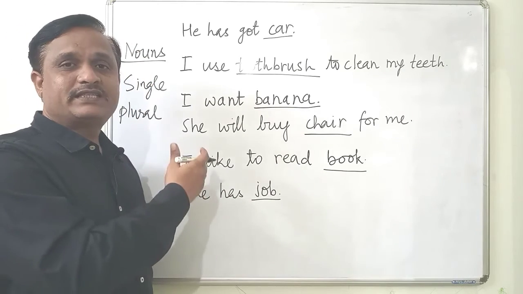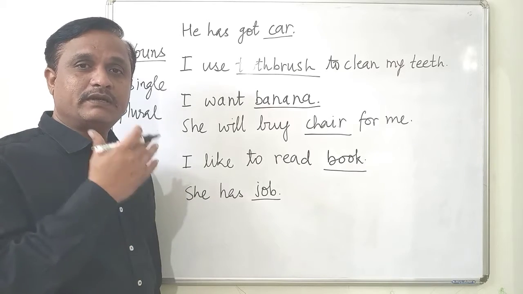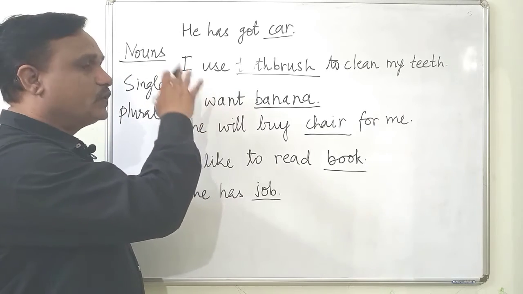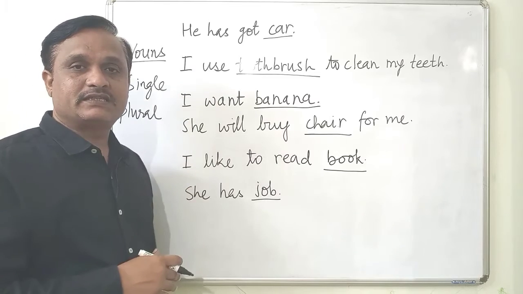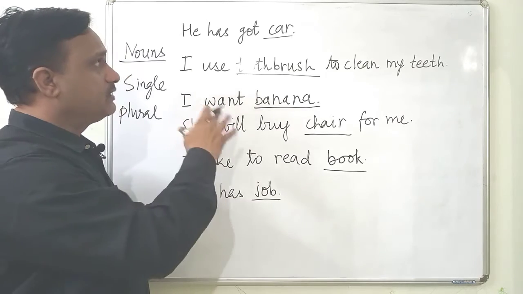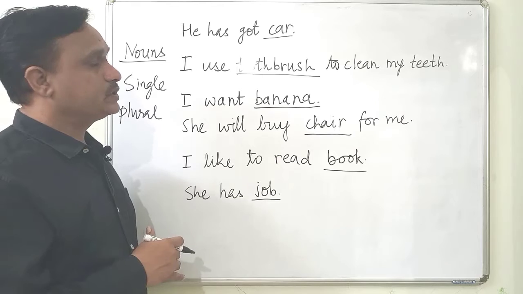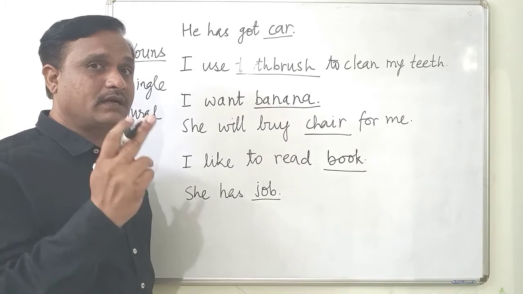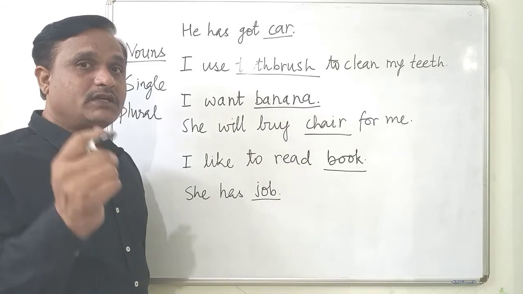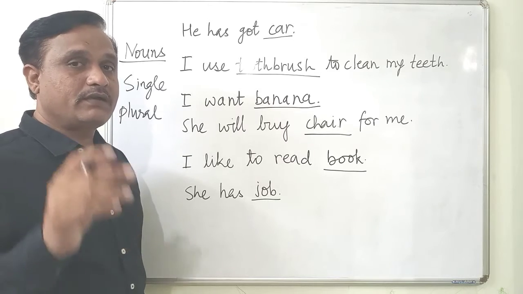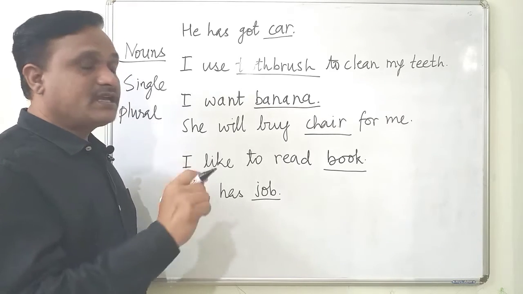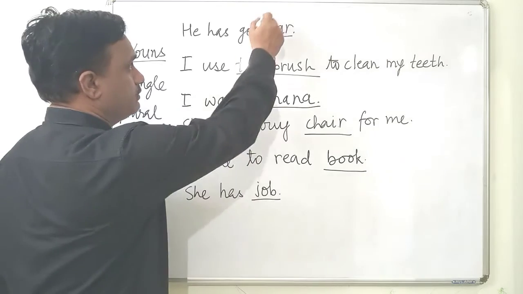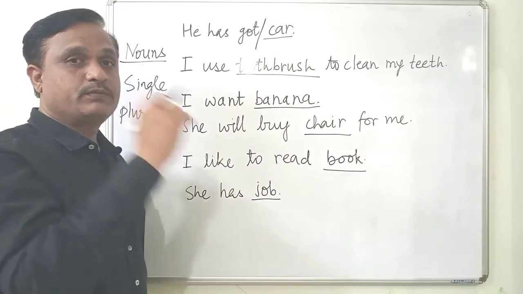When you look at these sentences, you will realize something is going wrong with them grammatically. Now, what is the fault here? He has got car. We are talking about one car, a common car, not any particular car, and we are making a mistake here. Before car there should be something.